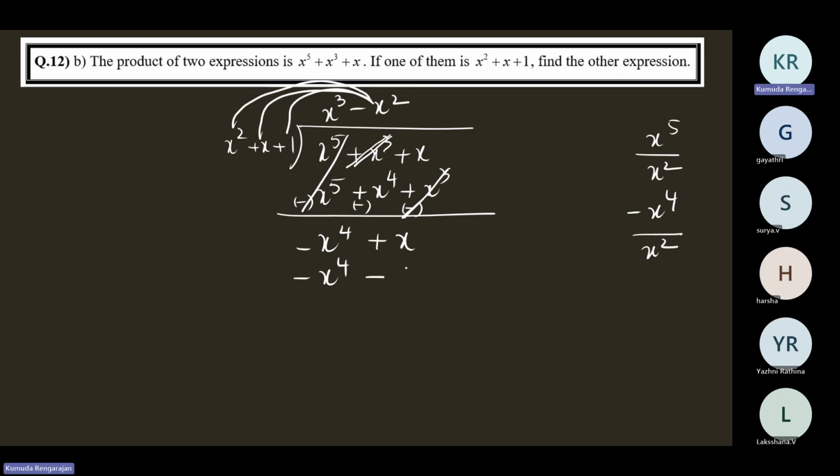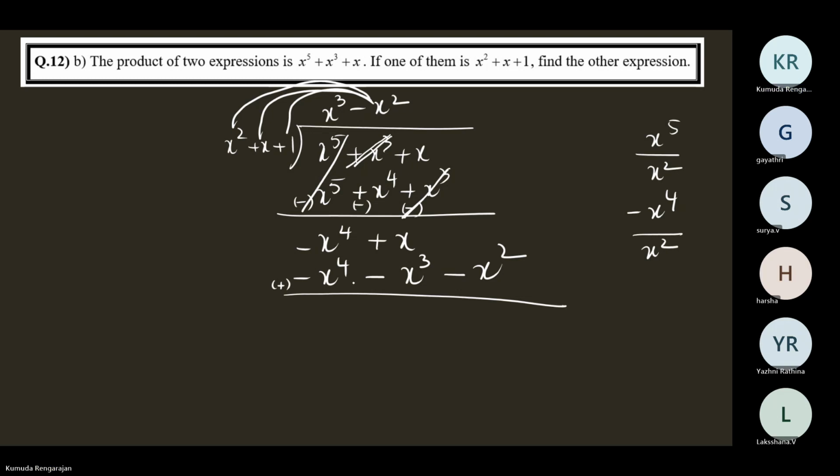Minus into plus, minus. X squared into x is x cubed. It's minus x squared multiplied with plus 1. Minus into plus, minus. And x squared into 1 is x squared. When you're multiplying two things, you should multiply their signs and then the terms.